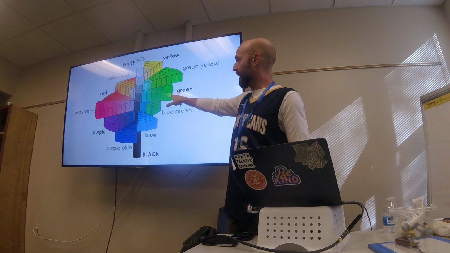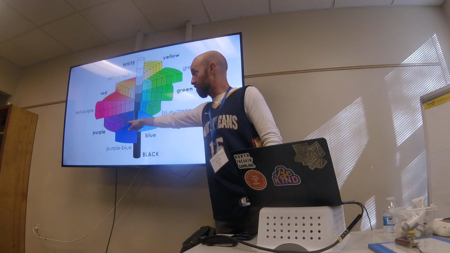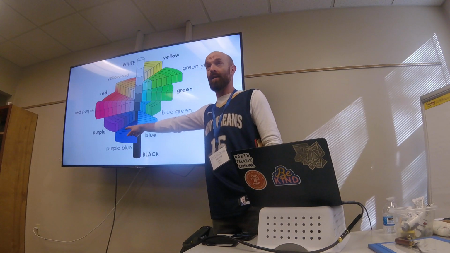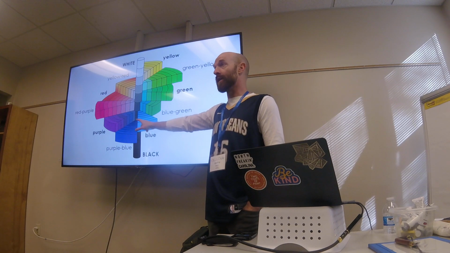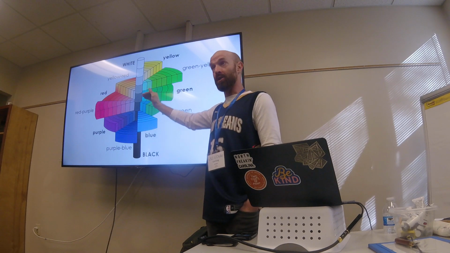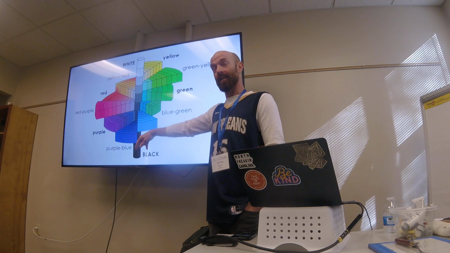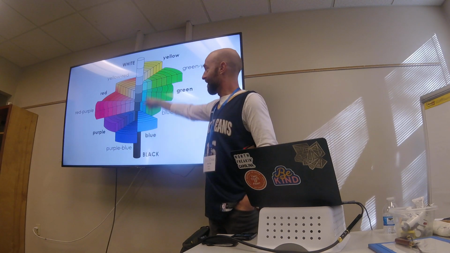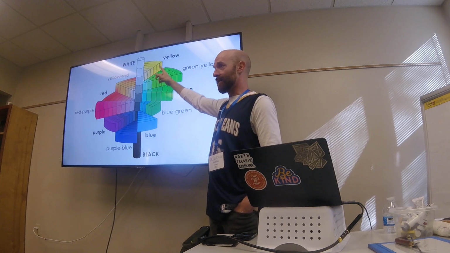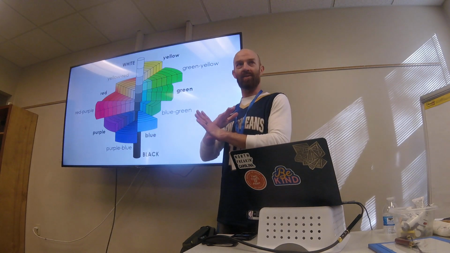And tonally, even though this lovely purple right down here is the most saturated purple that you could get, it is also tonally darker. The tone is like an XY axis, right?